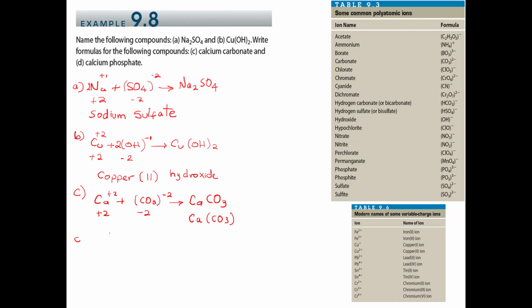Let's see part D. We want to write the formula for calcium phosphate. In this case, we had calcium plus phosphate. Phosphate is PO4, and the charge is -3.